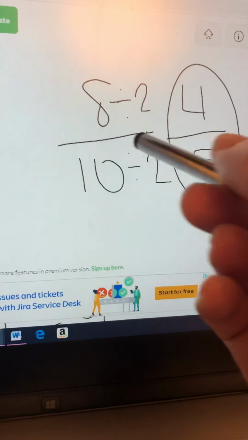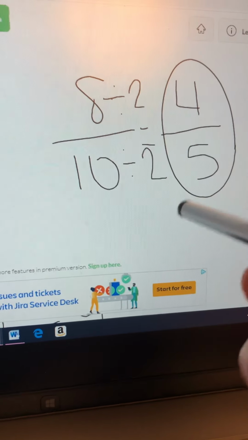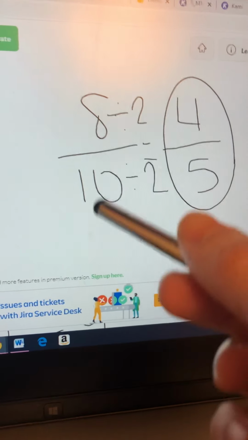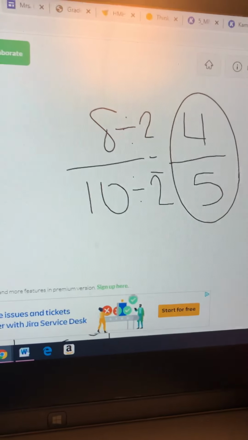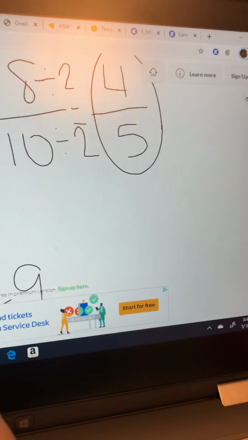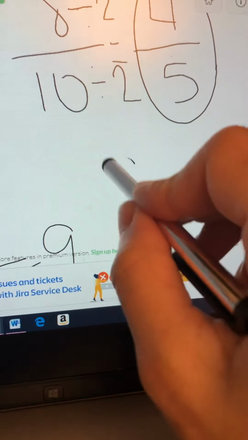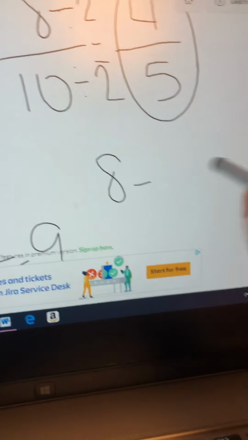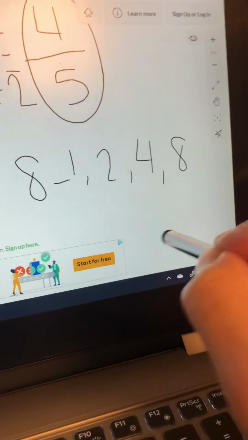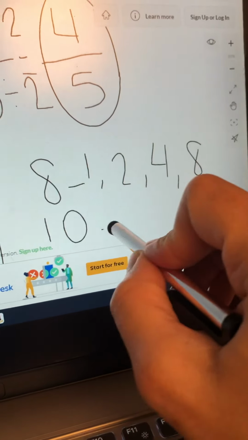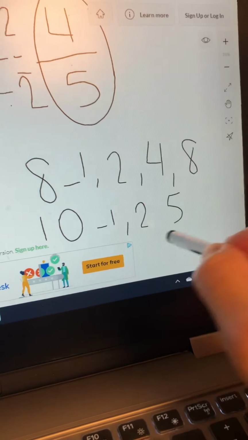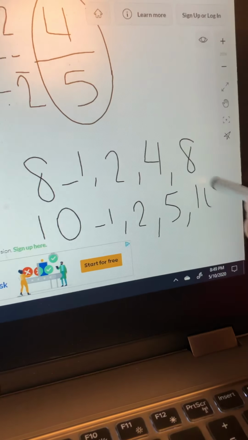The greatest common factor is important, because if you don't find the greatest common factor, then you're not going to end up with the most simplified version of the fraction. So if you can't think of all the factors, write them down like we did in class. What are all the factors of 8 in numerical order? 1, 2, 4, and 8. What are the factors of 10? 1, 2, 5, and 10.